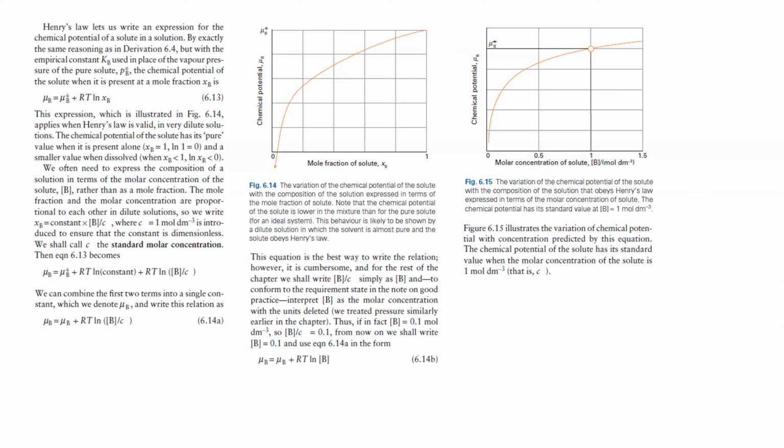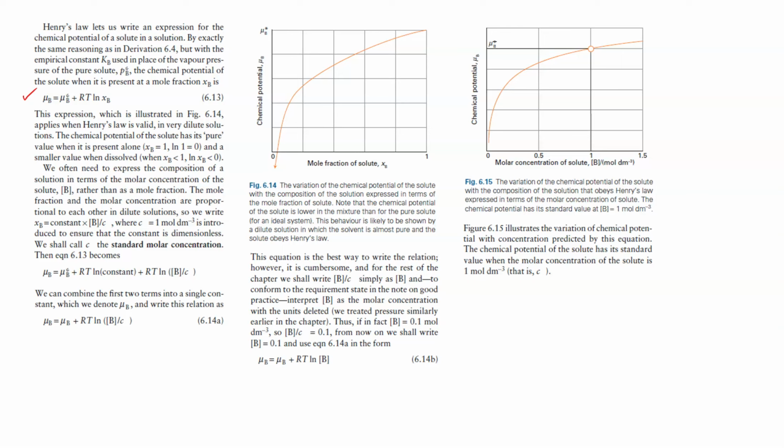The chemical potential of the solute when it's present at mole fraction B is as follows, equation 6.13, where the chemical potential of B equals the chemical potential of B under normal conditions plus the adjustment factor, RT natural log mole fraction of B. This expression, which is illustrated in figure 6.14, applies when Henry's law is valid in very dilute solutions. The chemical potential of the solute has its pure value when it's present alone, and a smaller value when dissolved.